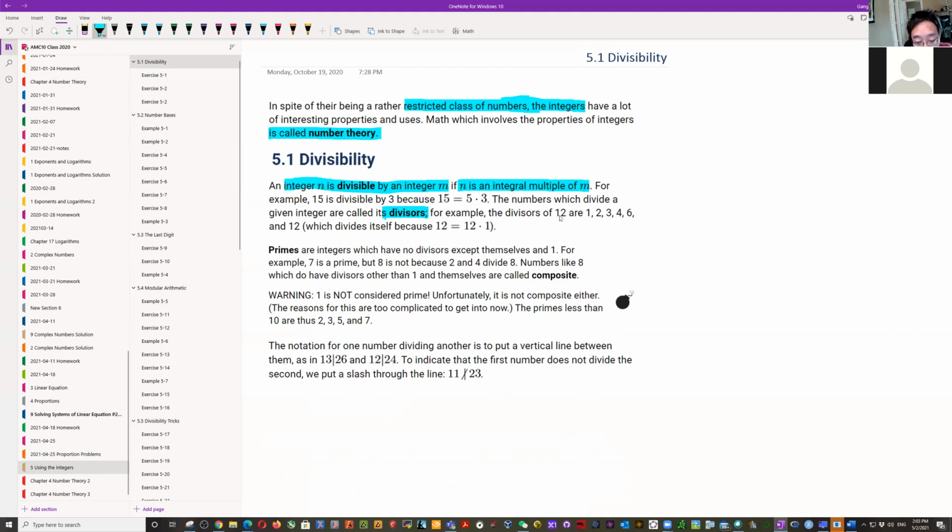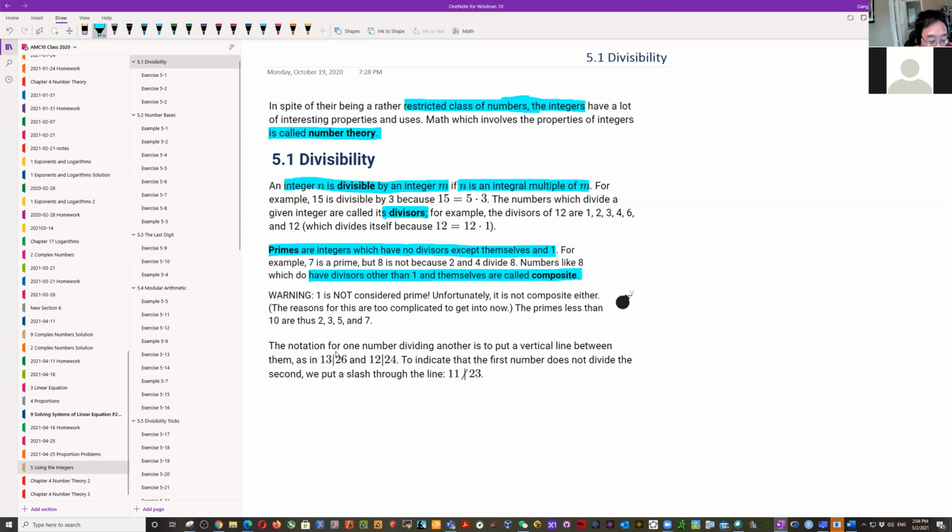Counting the number of divisors is also a topic. Primes only have themselves and one as divisors. And if a number has other divisors than one, it's called a composite.